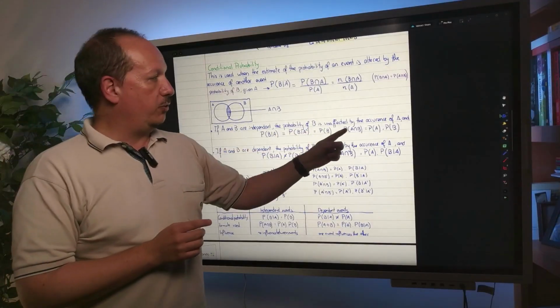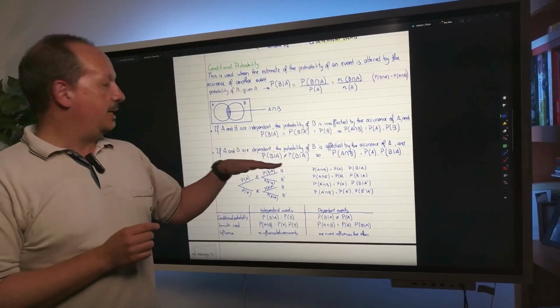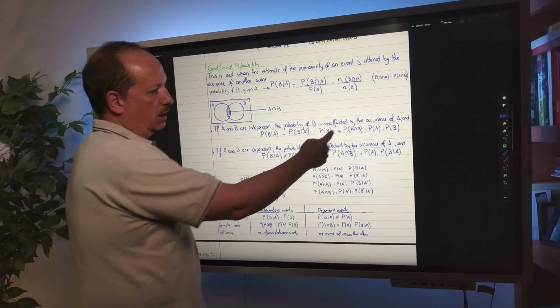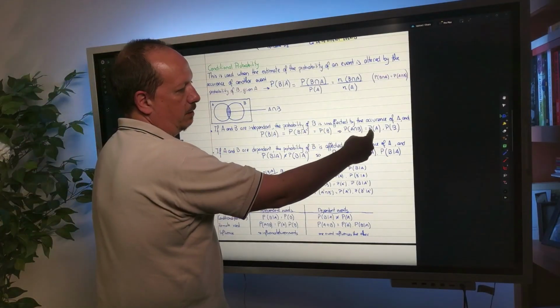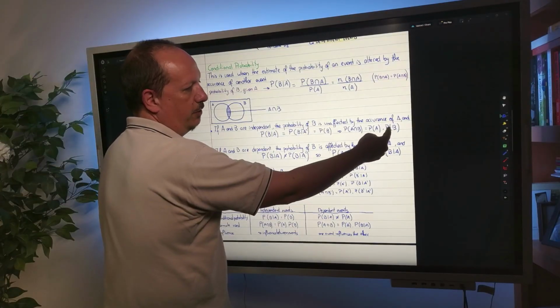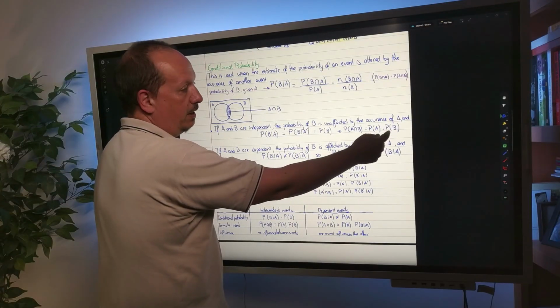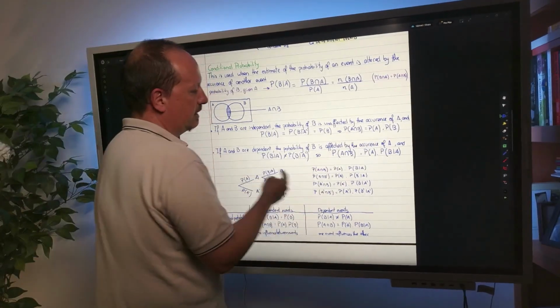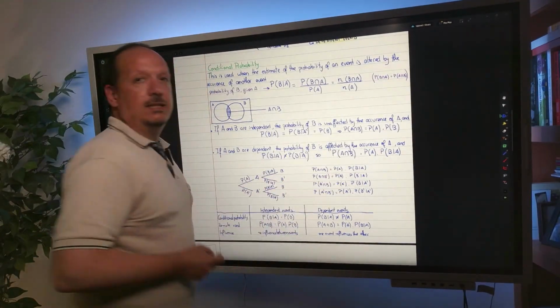If these two are different, then you have proven that they are dependent. So, again, calculate the probability of each one individually, multiply them. If they are the same, they are independent. If they are not the same, they are dependent.